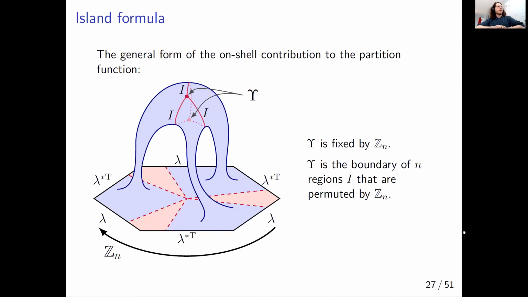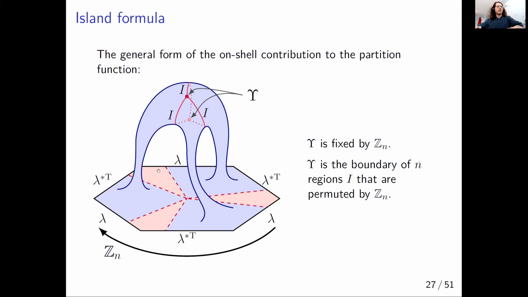And then the general form of the on-shell configuration that dominates the partition function will look a little bit like this. As you can see, there are n copies of the boundary conditions, and replica symmetry acts by cyclically permuting them. In addition, there's this replica wormhole that connects the different gravitational regions.